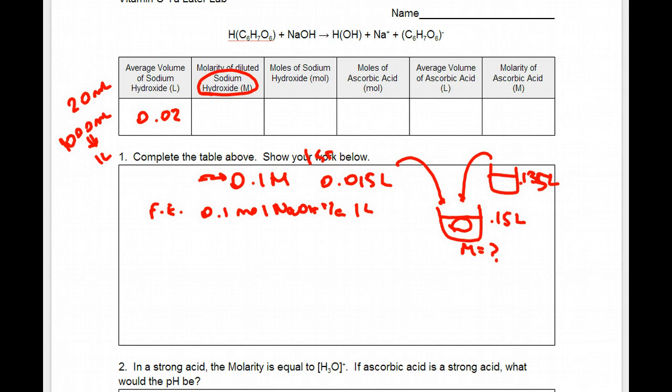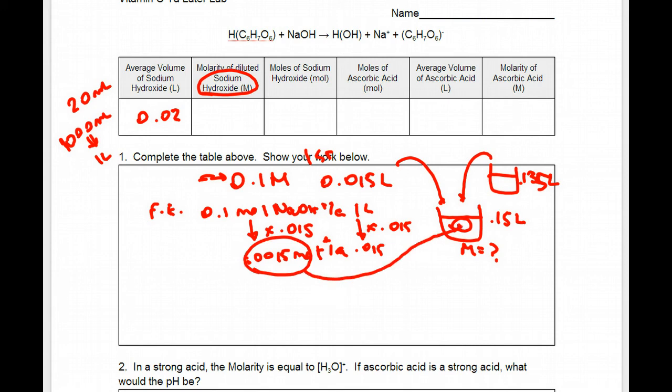We didn't have 1 liter, however, we had 0.015 liters. So if we're multiplying by 0.015, we should end up getting 0.0015 moles for that 0.015 liter.